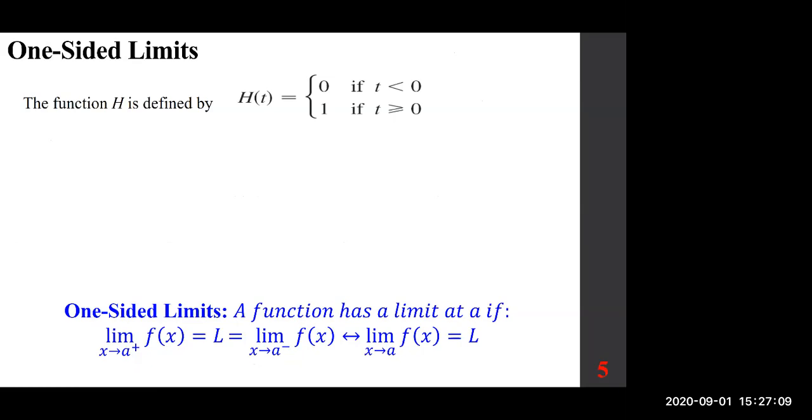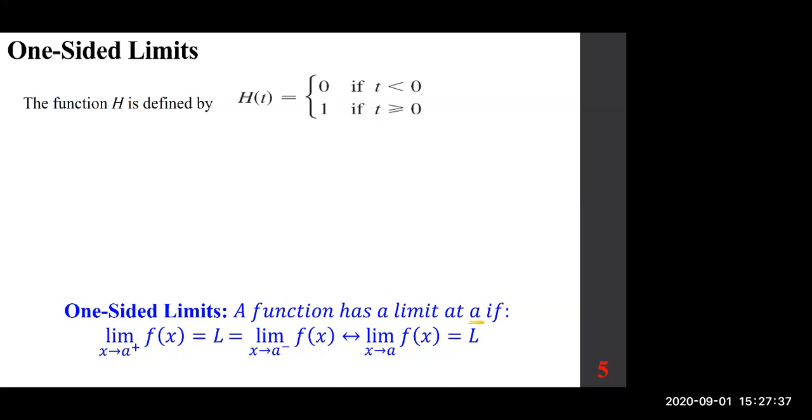All right. One-sided limit was put in the first page on the summary. So I want you to take a look at the bottom of the page and the definition of a one-sided limit. A function has a limit at a. The limit refers to the y-coordinate, okay, class?